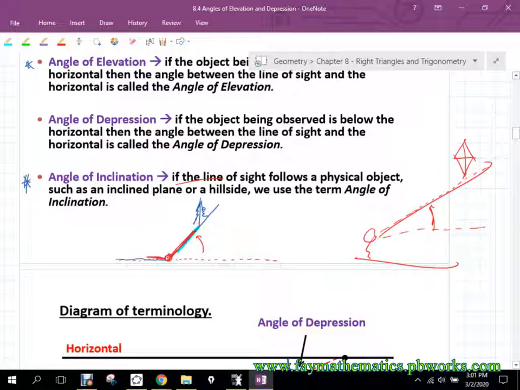Does that make sense? So this would be your angle of inclination right there. But again, like I said, they get misused sometimes, but we can treat them the same way, even though they get misused. So just be on the lookout for that.